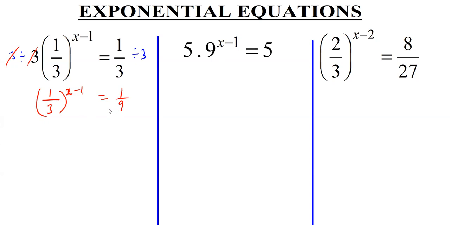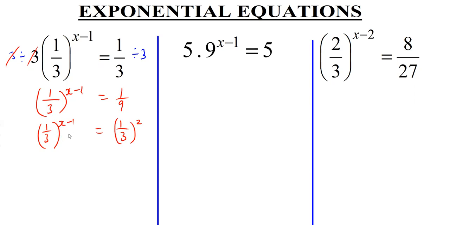But 1 over 9, you know that we can take it like this. It's up to you on this one. If you want to take the 3 on top, it's going to be 3 to the power negative. But if you just want to deal with it this way, you know what to do. It's just going to be 1 over 3 to the power of x minus 1 equal to 1 over 3 squared.